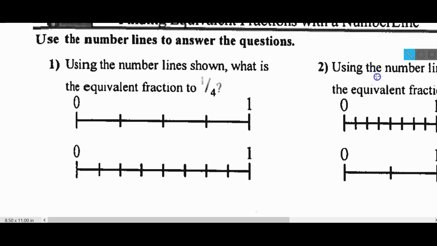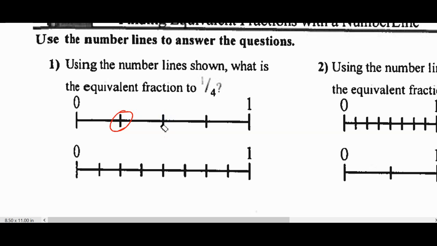So the top one, I'm going to find 1/4 on the top one, right? Because look, there's 1, 2, 3, 4. So there's 4 of them, right? Okay. So the number line at the top is cut into fourths. So you tell me which one has 1/4? This one? No. That one?